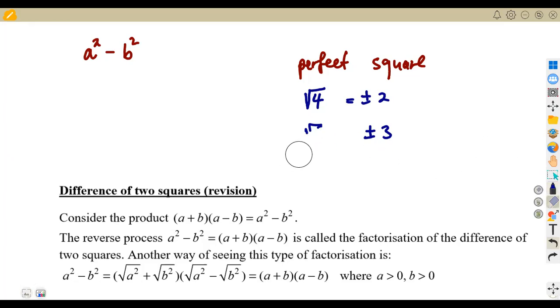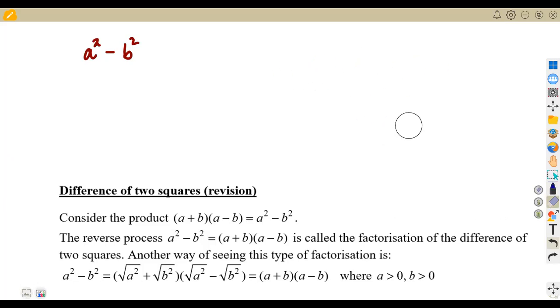So let us consider that we have two terms, and these are perfect squares. Like what we have here, we've got a squared, and here we've got b squared. And the difference part that we are referring to is the subtraction. All right, we do not have a condition for the sum of two squares.